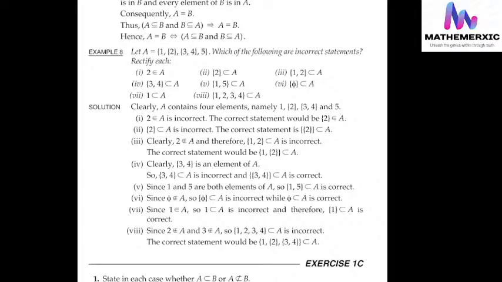But what we are finalizing here in this case is, since 5 does not belong to A, it is not written as 5 belonging to A, so it is not an element there at the moment.